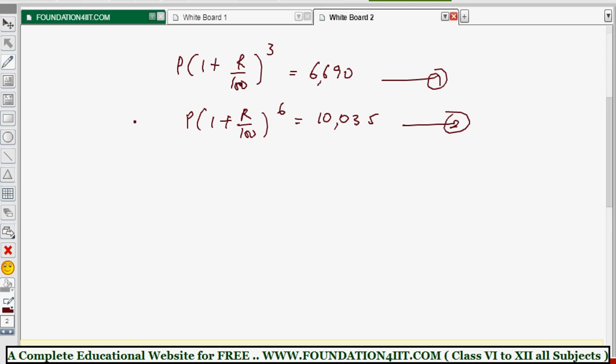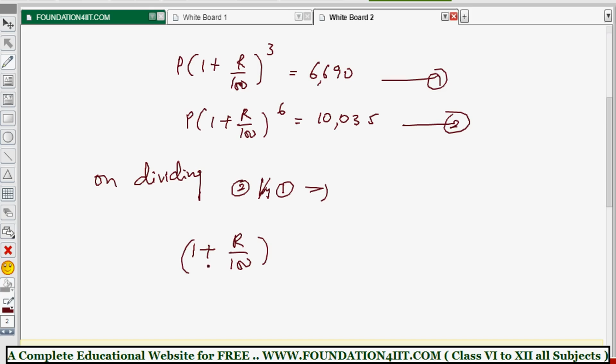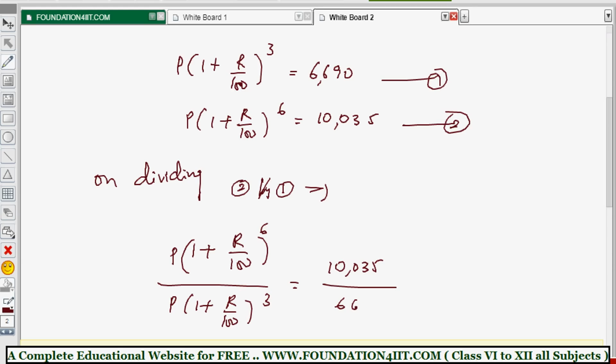If I divide second by first, I can cancel the value of P. On dividing the second equation by the first equation, we get (1 plus R by 100) all to the power 6 by (1 plus R by 100) all to the power 3, equal to 10,035 by 6,690.